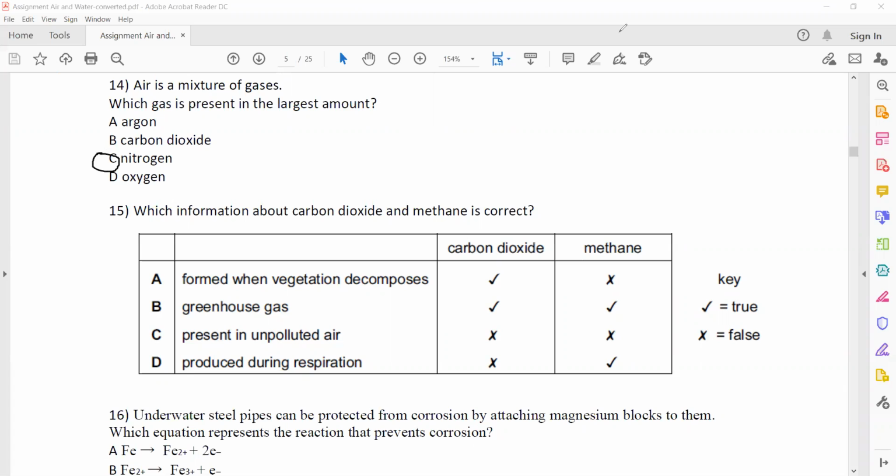What about question 15? Which information about carbon dioxide and methane is correct? Yes, B is the right answer, and methane has a 20 times greater greenhouse effect compared to that of carbon dioxide.